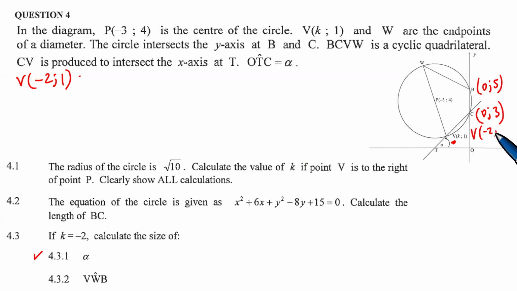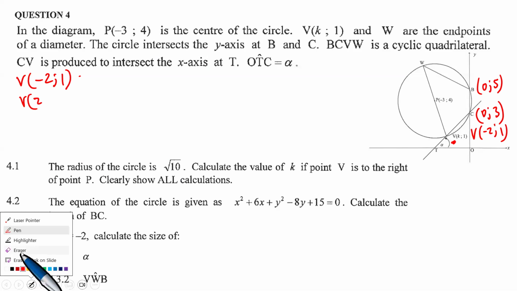There's the coordinates minus 2 and 1. In which case we want to find, so you have the line segment CV. V is minus 2 and 1.